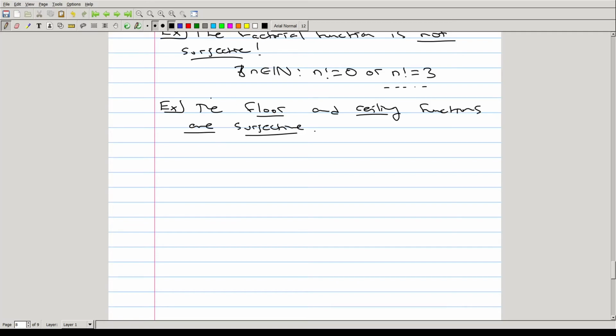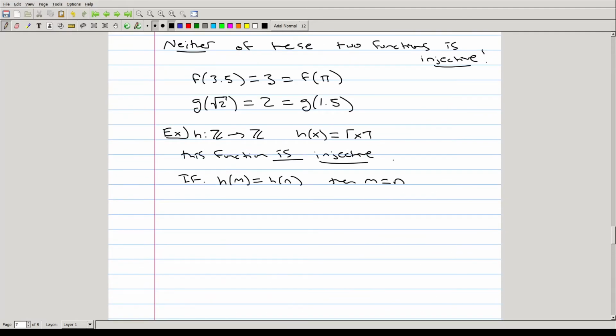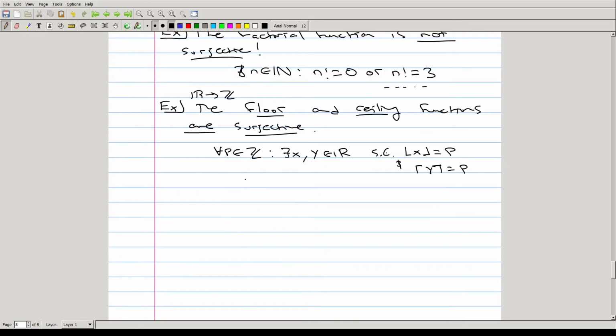And these are the functions that are defined from R into Z. And for any integer P in Z, there will always exist both an X and a Y in R, such that, say, the floor function of X is equal to P and the ceiling function of Y is equal to P. And using the idea developed in the previous example, we can see that we can always just choose the value itself, because both the floor and the ceiling functions are the identity functions when you consider the restriction of the domain to all of R to be just the integers.